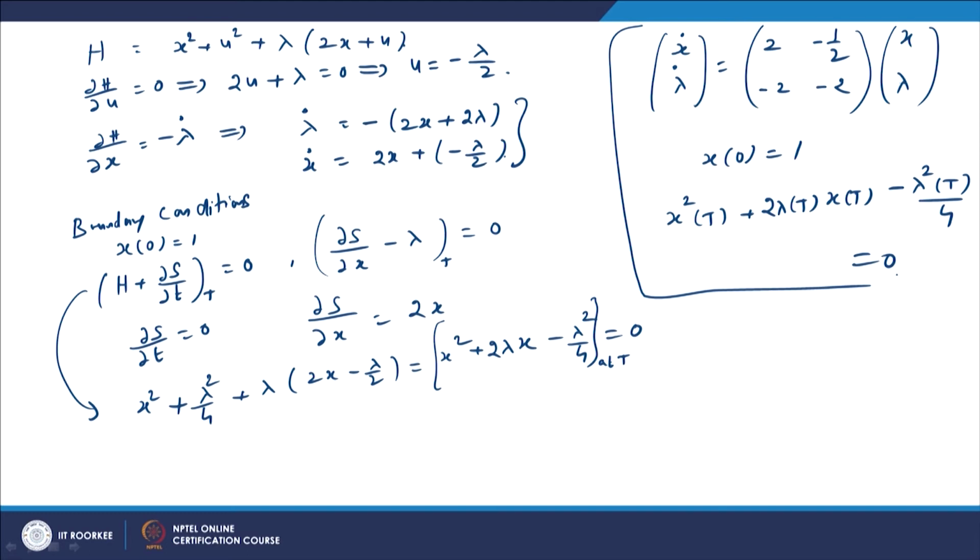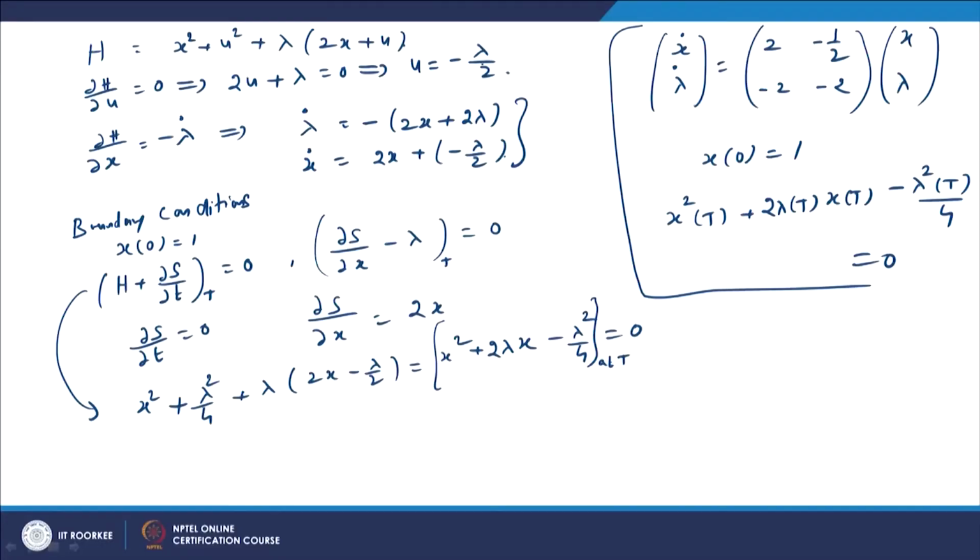First we solve for x and lambda. We will get two constants C1 and C2, and using x of 0 equal to 1 we can find a relation between C1 and C2, so C2 can be written in terms of C1. Then substituting in this expression the values of x and lambda at capital T, we will get a nonlinear equation in capital T, and we can find the roots of that nonlinear equation.